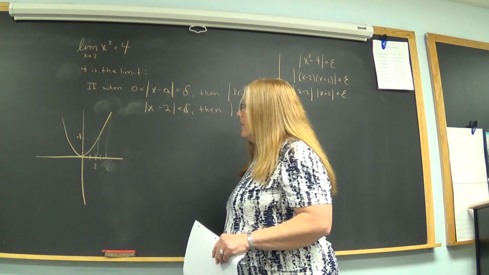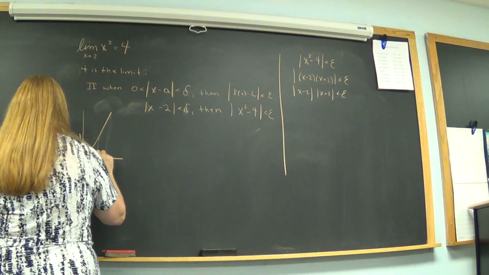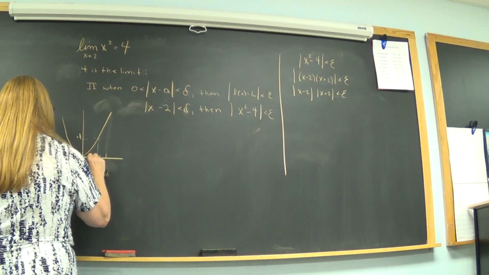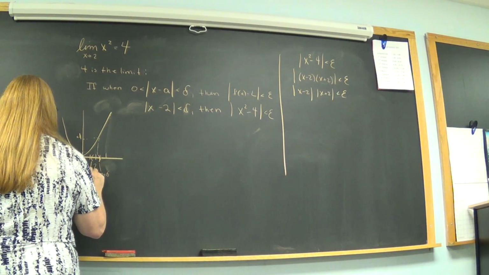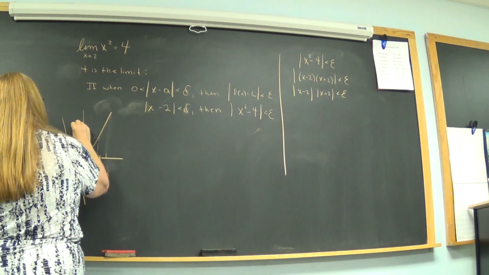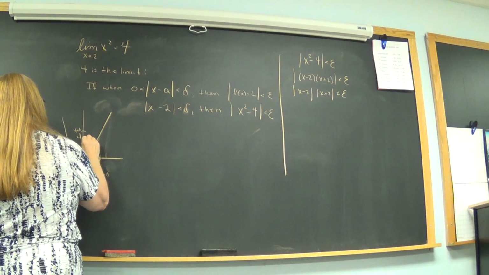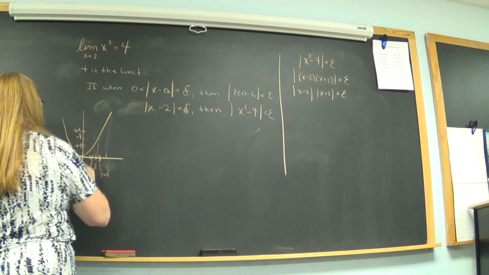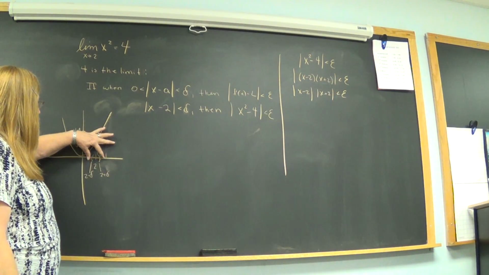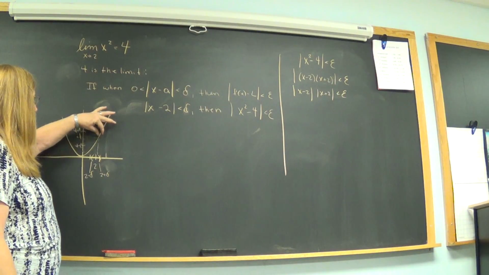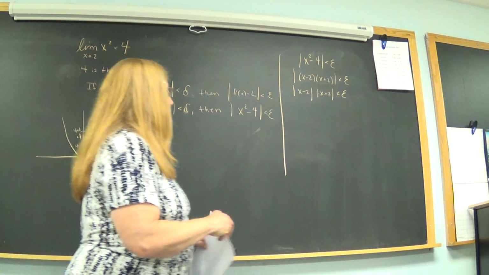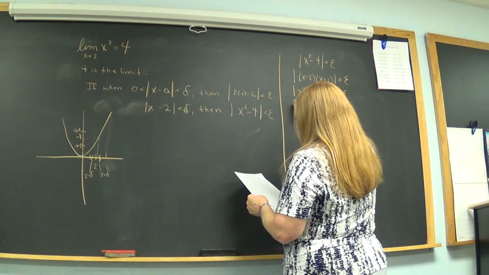And if we find a delta, so from 2 we go to 2 plus delta, and we go back delta to 2 minus delta. If we find a delta that always gets us within epsilon of 4, so 4 plus epsilon and 4 minus epsilon, doesn't it make sense that any other smaller delta will also get us within the desired band? It does. So let's make a note of that. We're going to need that reasoning in a minute.